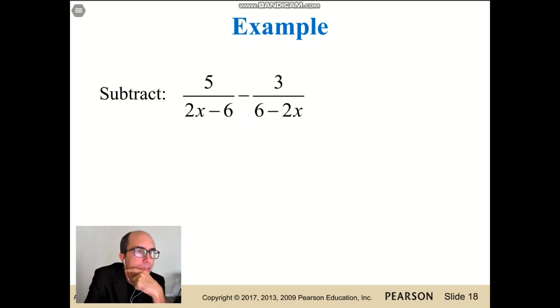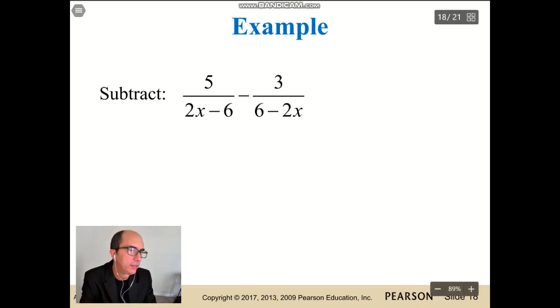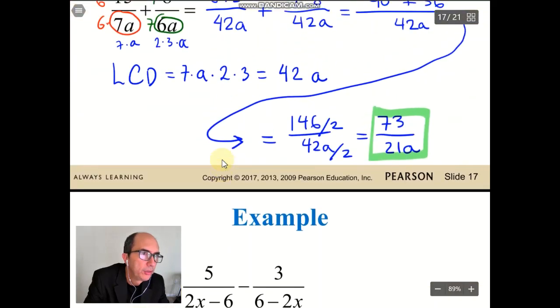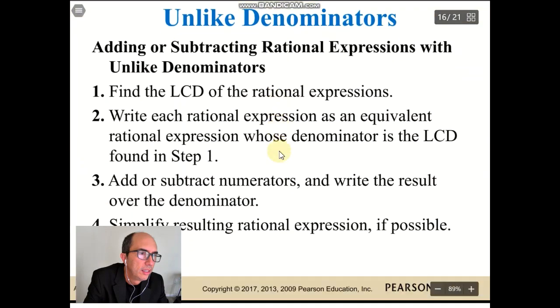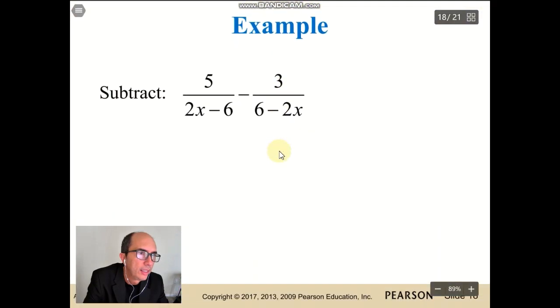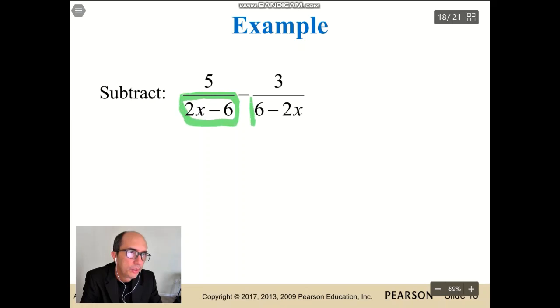And we have here another example, and this is kind of interesting because it's kind of similar to this last one. Remember this one? Let's apply the same thing here. Check, they actually have the same denominator, but with a negative sign.